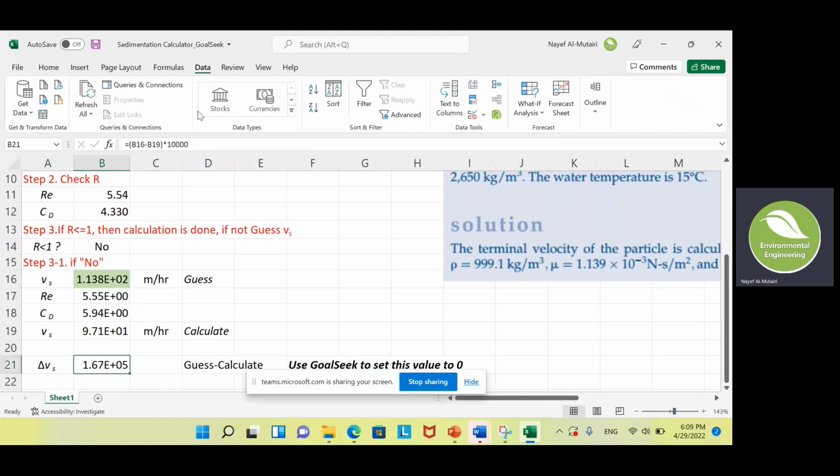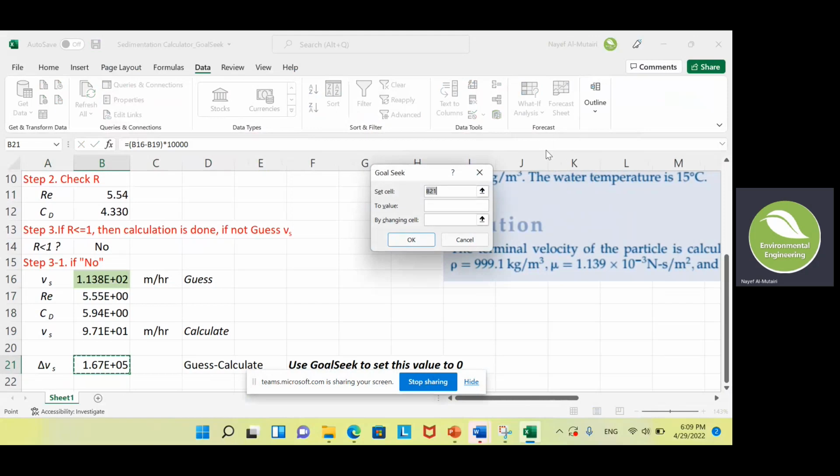We go to Data, What-If Analysis, Goal Seek. We're going to set this cell to zero, so we know delta VS equals zero, by changing this cell.